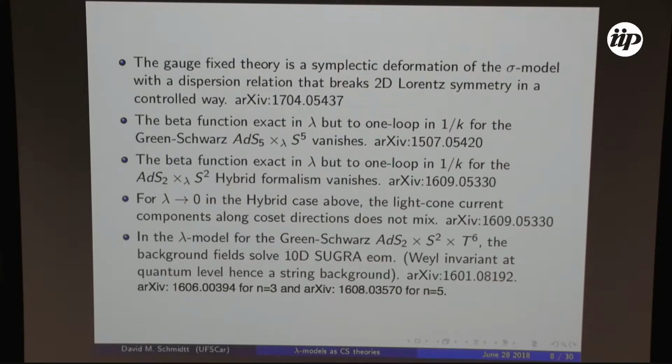I did the same for the hybrid formalism, and it is the same situation. Well, there is another property of the hybrid superstring. There is a sector in phase space where there is a relativistic splitting in the currents along a constant direction that doesn't mix.